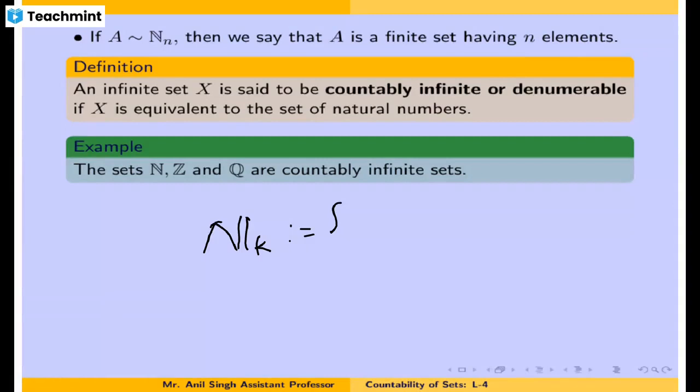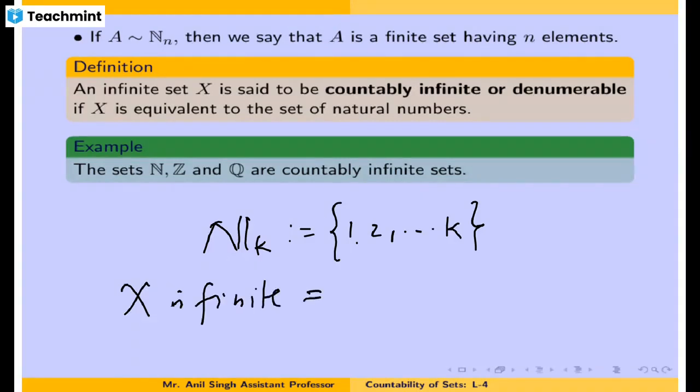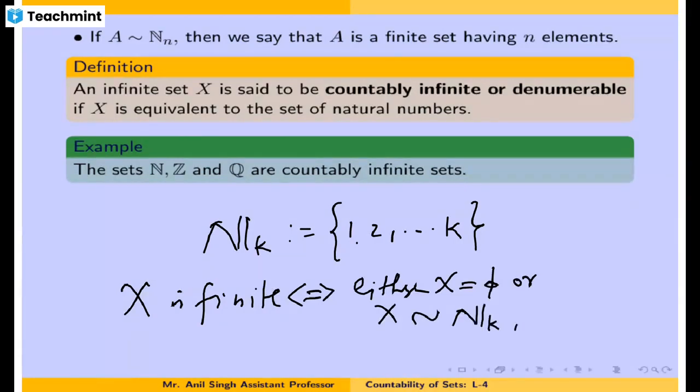Based on this set, a characterization of finite sets was given: a set X is finite if and only if either X is the empty set or X is equivalent to n sub k for some k in n.